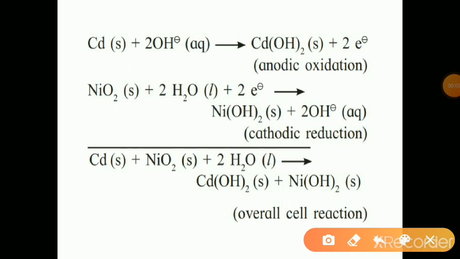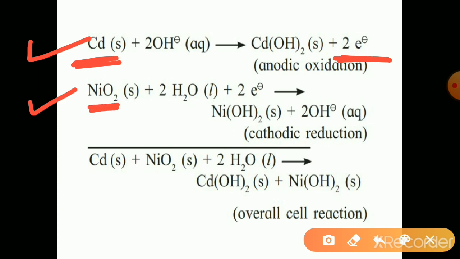See the cathode and anode reactions of the nickel cell. On the anode, oxidation takes place. Metallic cadmium loses 2 electrons, and the cathode is made of nickel oxide supported on nickel.